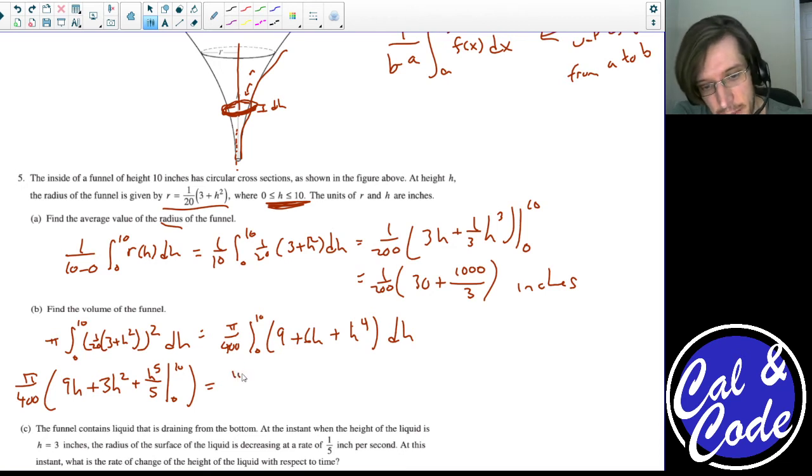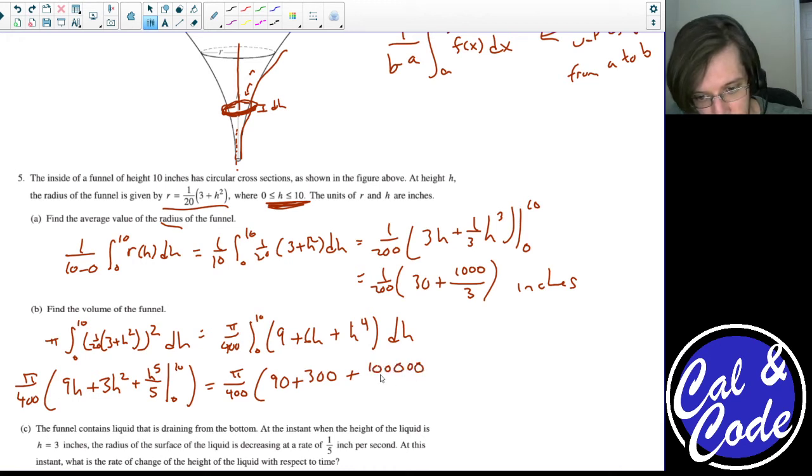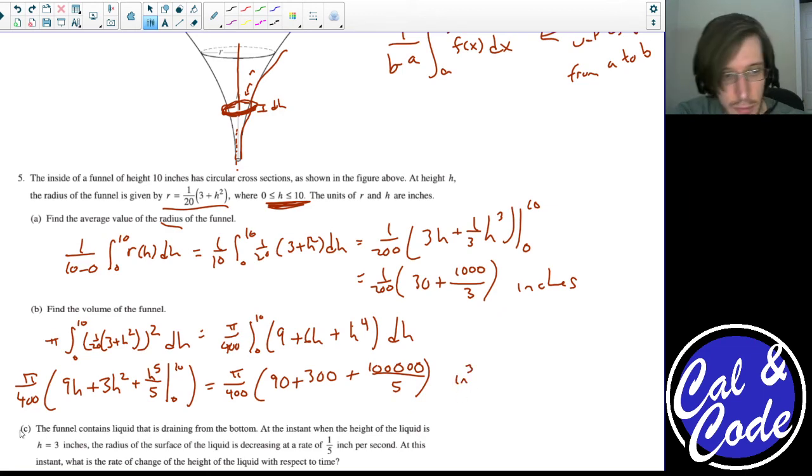So this tells me that it's pi over 400 times 90 plus 300 plus 1 with 5 zeros, so 100,000 over 5. And what are we going to say this is in? Inches cubed. Again, you can simplify if you'd like.